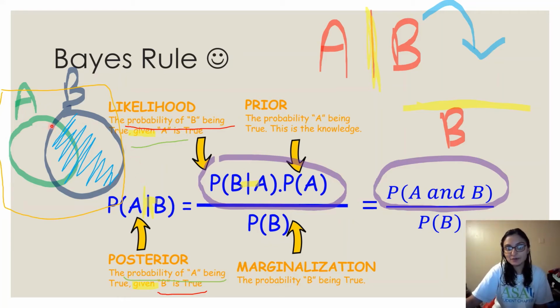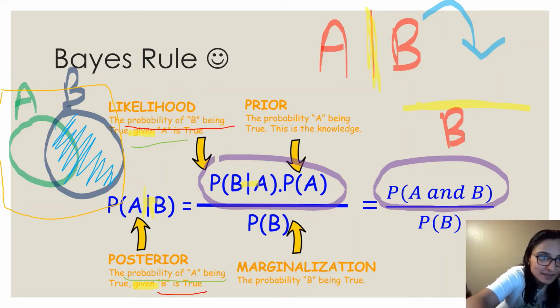This is our new sample space. We've reduced it from that whole rectangle down to that circle of B. So now from B, what is the probability that A is true? We want to find this overlap, which is how we find A and B being true.